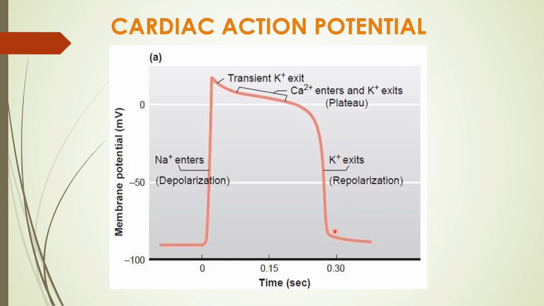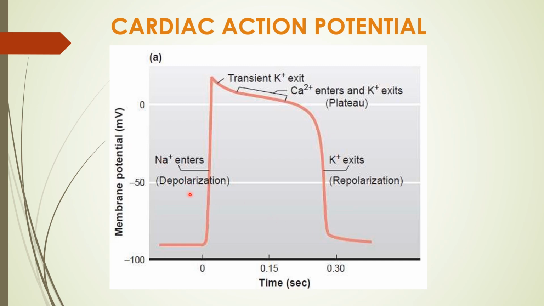After that the resting membrane potential will be reached, that is minus 90 millivolts. It is maintained by a resting potassium current, and the channels which contribute here are inward rectifying potassium channels. So these potassium channel names you have to remember.